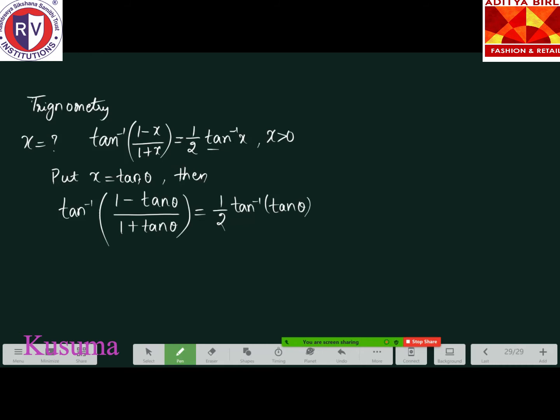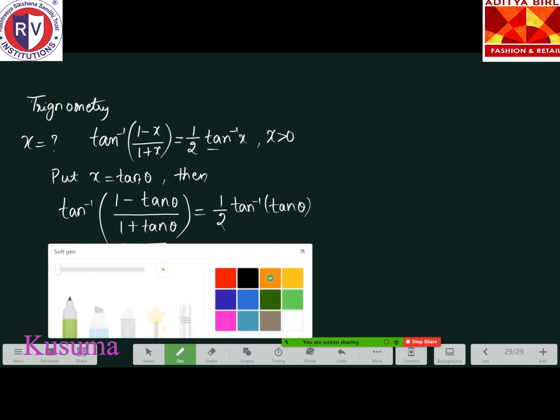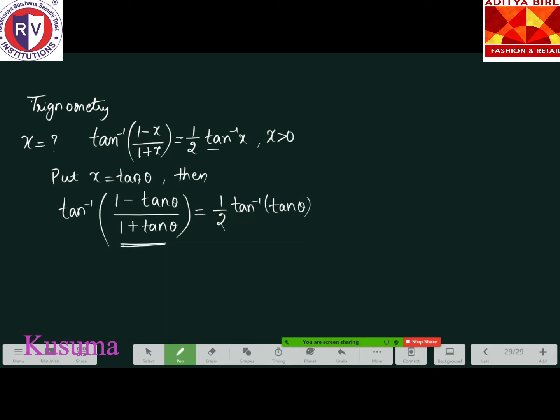Now, see the LHS: 1 minus tan theta divided by 1 plus tan theta. Can we write this term as tan of pi by 4 minus theta? What is tan of a minus b?